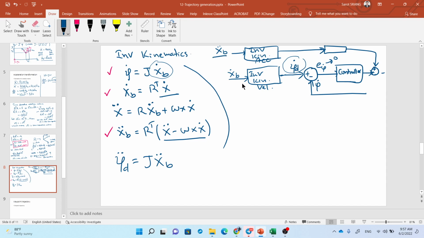You can compute this one and this one. So the thing is, first you need to have H double dot. Then you can just integrate it. You have H dot, right?